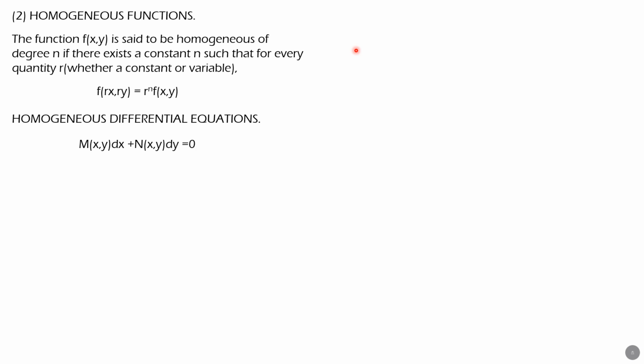The above is said to be homogeneous of degree n if M, as a function of rx comma ry, can be written as r to the n times the function M of x and y, and N, which is also a function of rx comma ry, may be written as r to the n times the original function N of x and y.